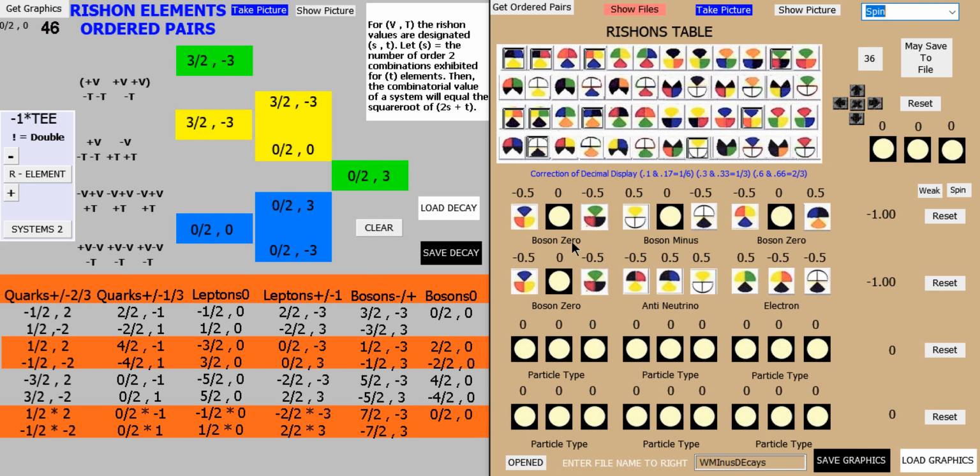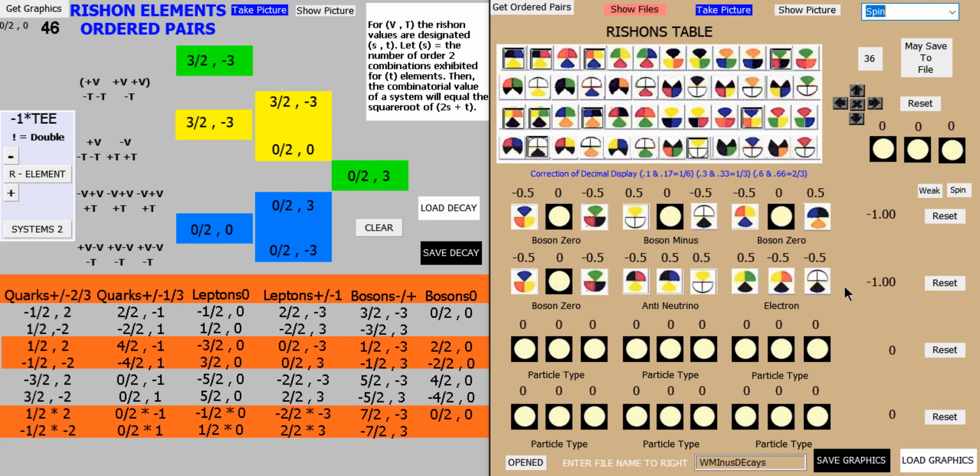But on the vector boson 0, we have minus 1/2 and minus 1/2, so that minus 1 summed with the plus 1/2 gives us a minus 1/2 for the composition of the antineutrino. And for the electron, we have plus 1/2 and a minus 1/2 for the anti-T rishons, and then on the anti-T prime we have a minus 1/2. So on the electron we also have a minus 1 spin.